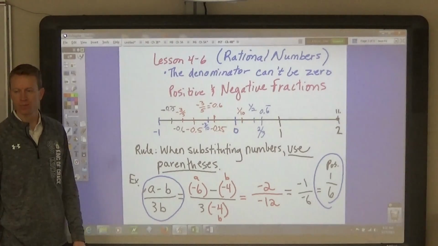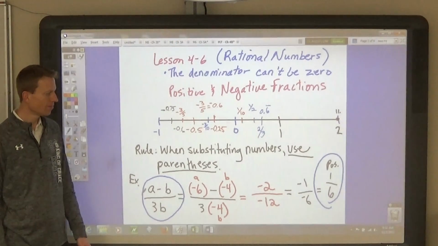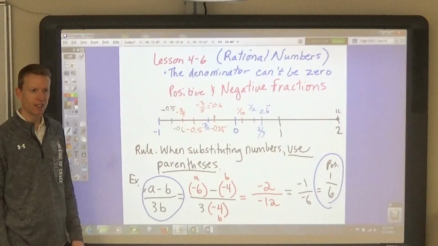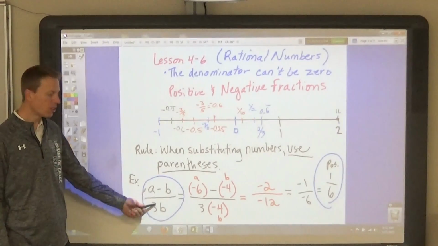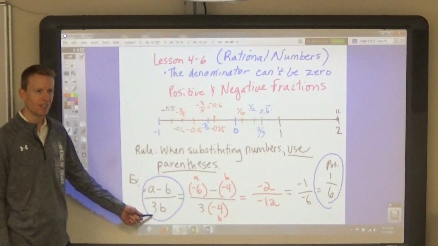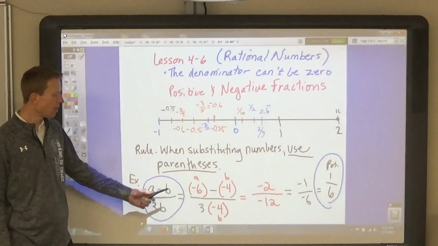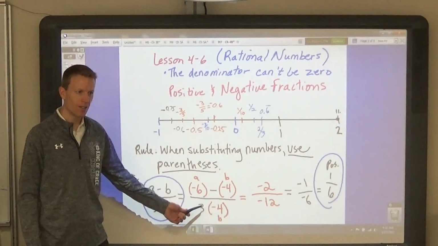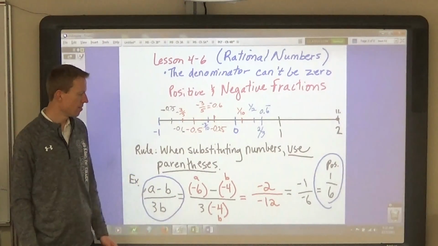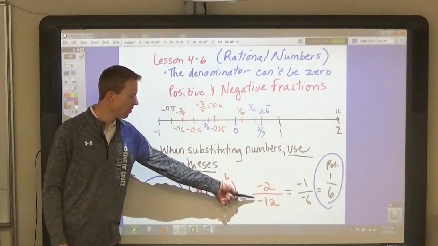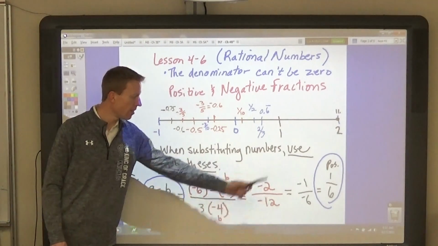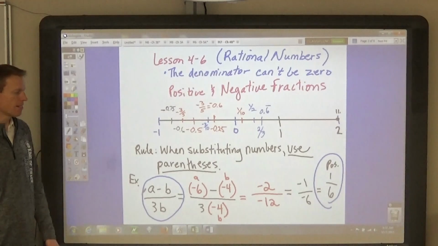Okay? Does that make sense? So let's go back. You substitute, and then make sure you put it in parentheses. Reduce this fraction, and then make it positive, okay?